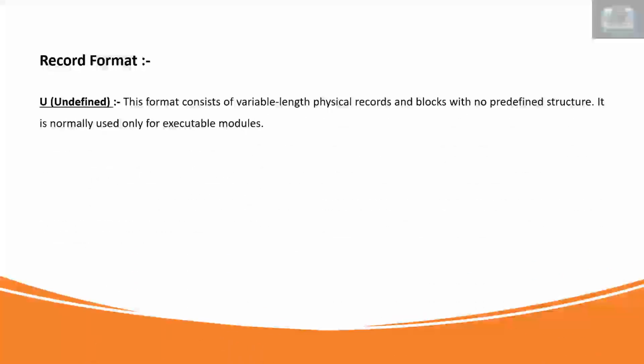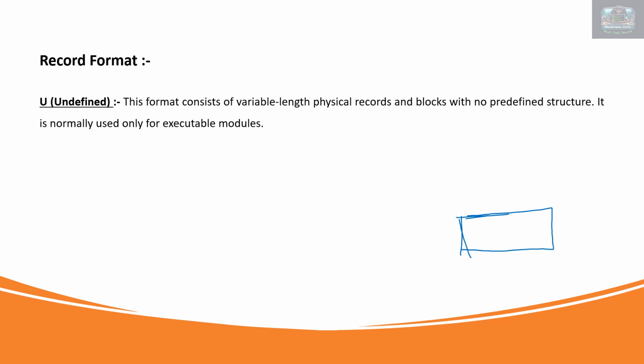Here comes the last record format, that is undefined. This doesn't have any RDW or BDW or a fixed block size or record length. So here the block size would be equal to the record length.